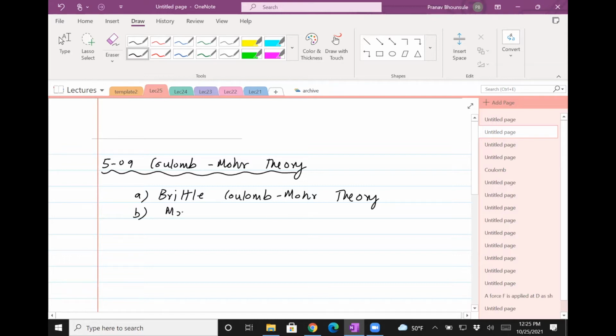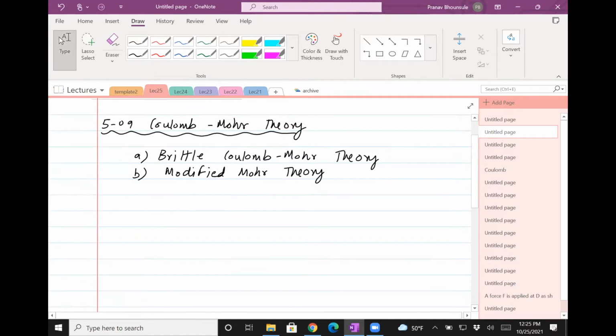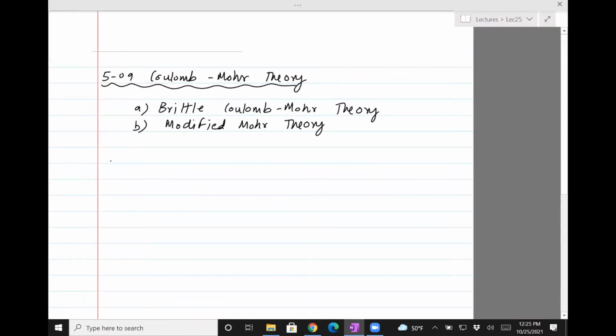And then the other one is the modified Mohr theory, which overcomes some of the limitations of the brittle Coulomb-Mohr theory. Let's do the brittle Coulomb-Mohr theory first.